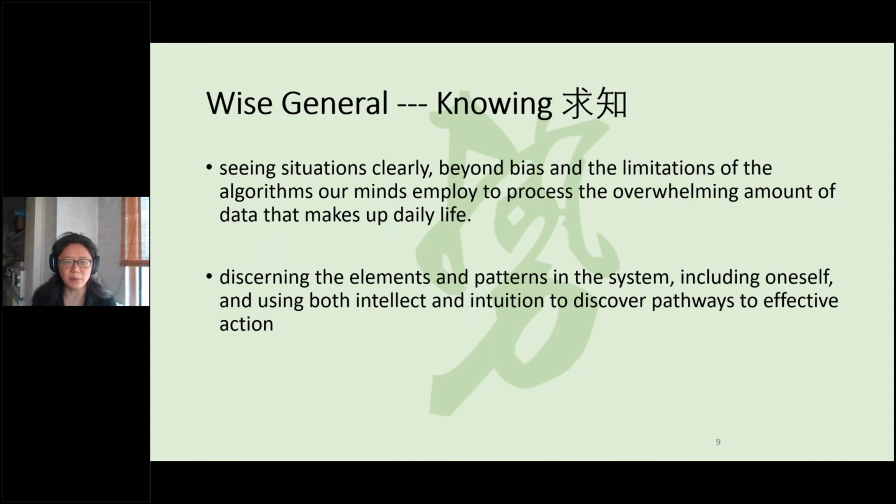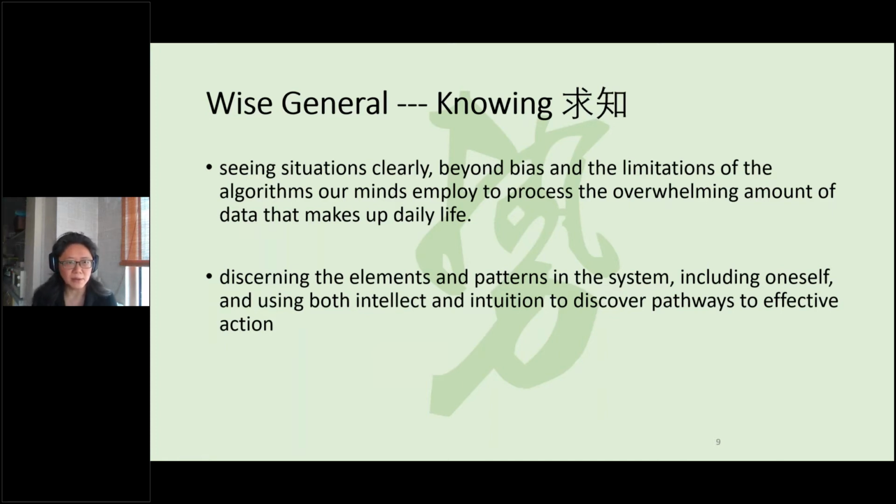Knowing in Sun Tzu's idea is seeing the situation clearly, beyond the bias and limitations of the algorithm our minds employ to process the overwhelming amount of data that makes up daily life. That's one part of knowing he means.